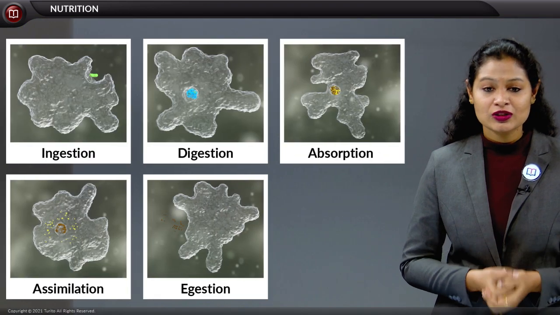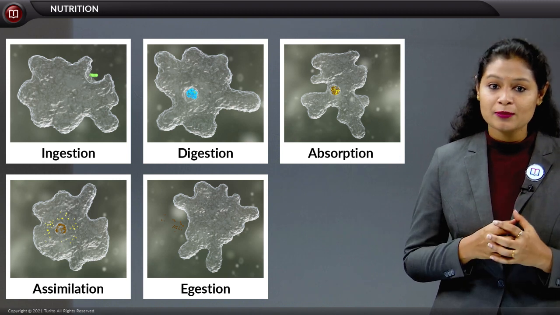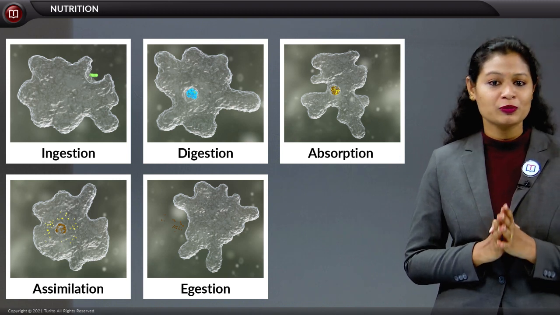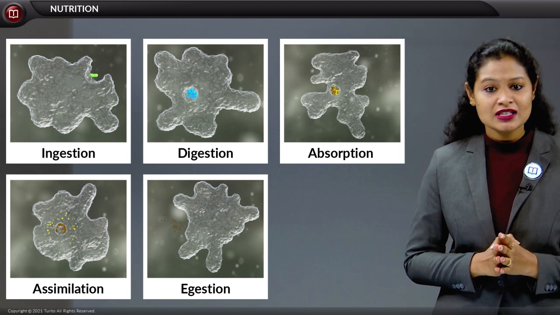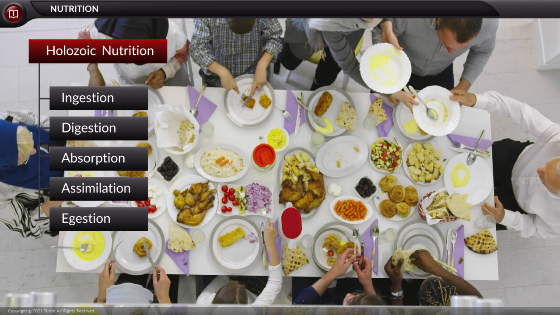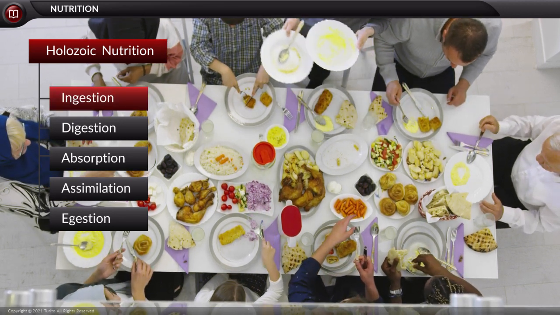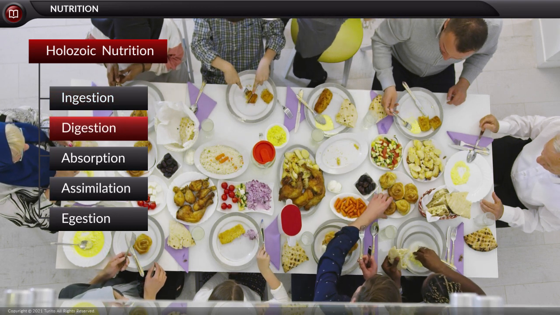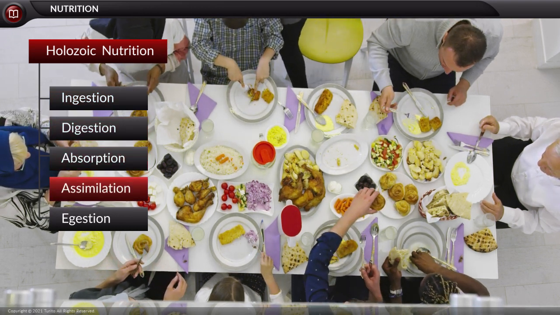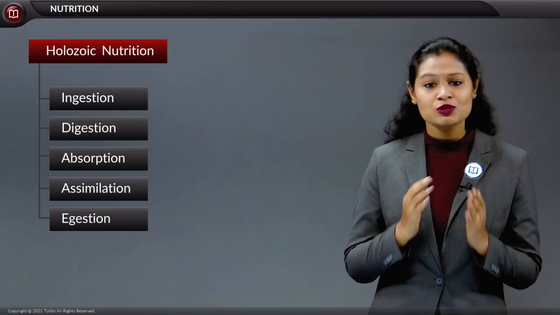Hence, we have understood that even though amoeba is a single-celled organism, it will exhibit all the 5 steps of Holozoic mode of nutrition. If we see, even multicellular organisms like human beings will exhibit the same procedure for acquiring nutrition. We see that they have ingestion of food, digestion of food, absorption of food, assimilation of food, and egestion of food. Hence, we have understood heterotrophic nutrition.